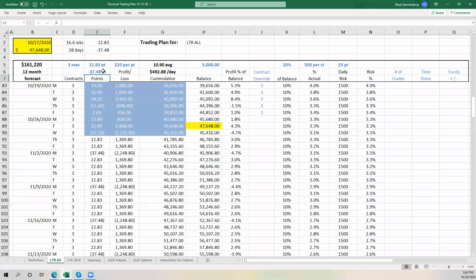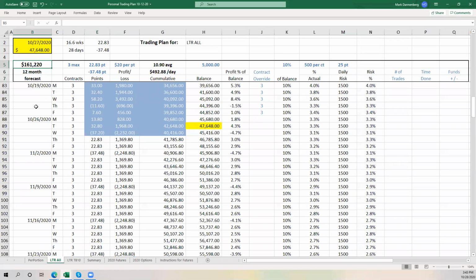Okay, so now I have my future forecast from tomorrow forward through the balance of my 52 weeks, based 100% on what my actual performance has been to date for the first 16.6 weeks. And this performance takes into account the frequency rate of losing days relative to the number of weeks, and by default, the number of winning days.